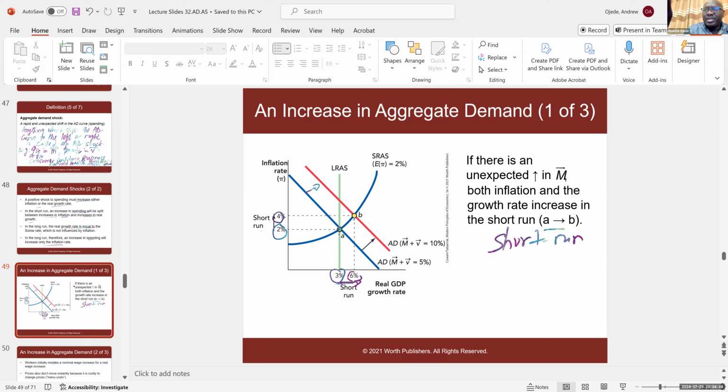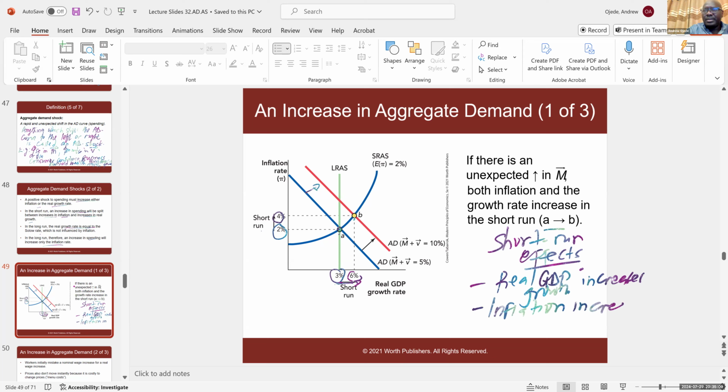So the short run effect here is that you can document that anytime you have a positive demand shock, the short run effect is that real GDP growth increases and inflation increases. Why are we calling it short-run effects?